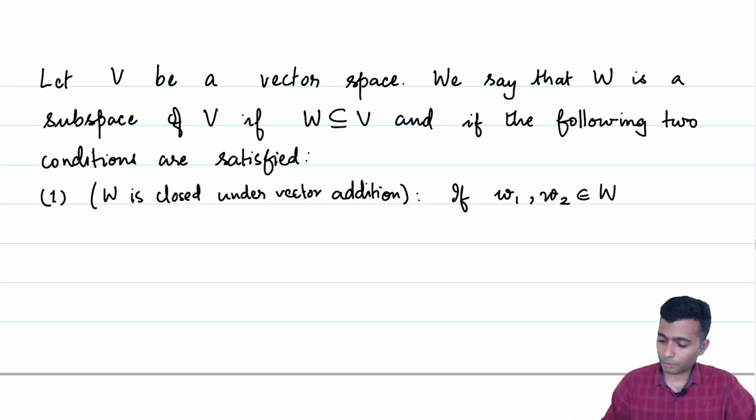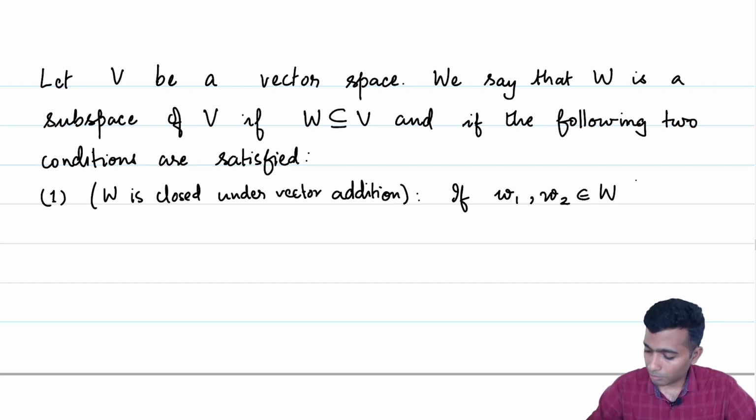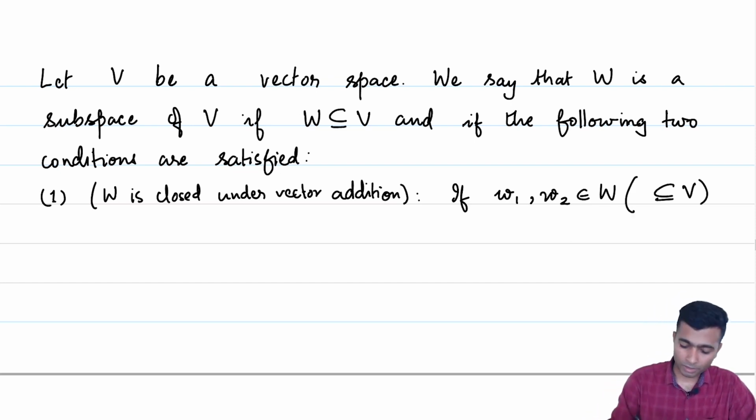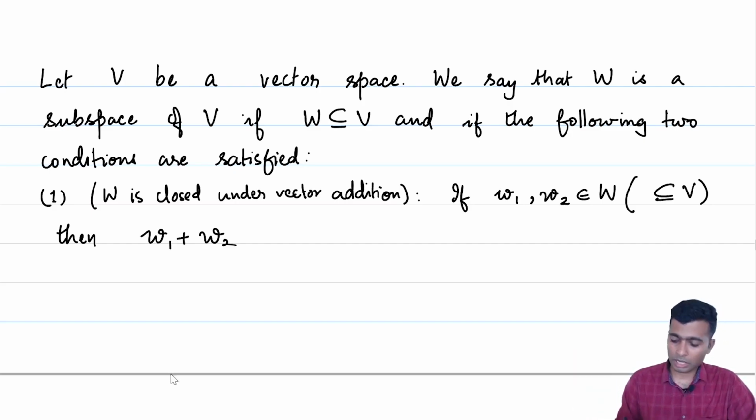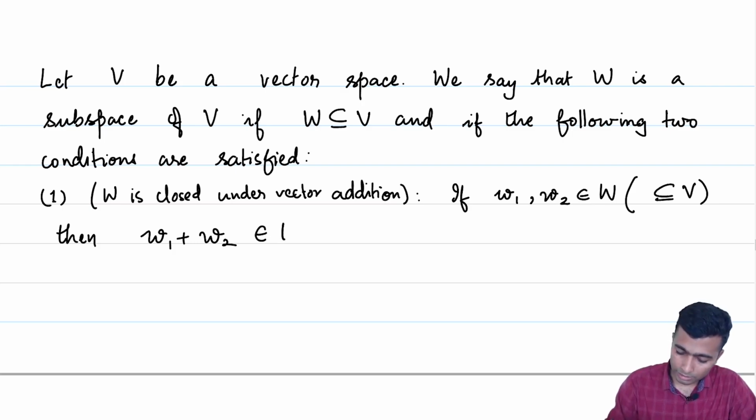So, if w1 and w2 are in W, remember that W is a subset of V. Then w1 and w2, when considered as vectors in capital V, we can add them and then see whether the sum is in capital W.